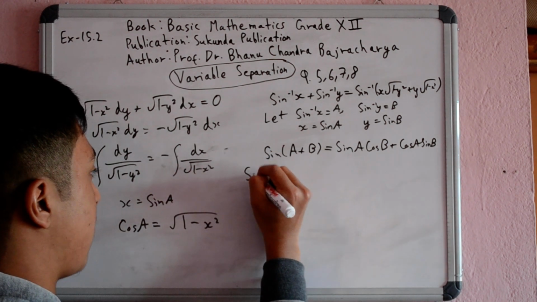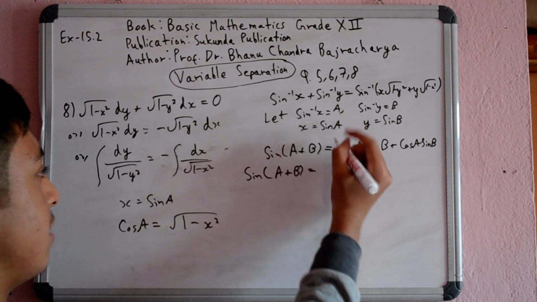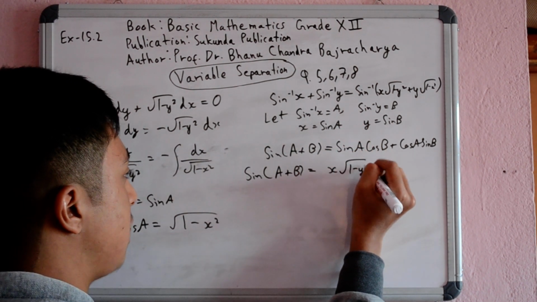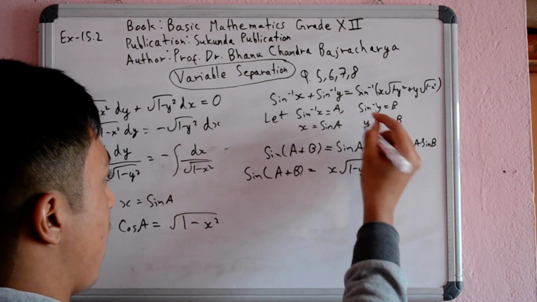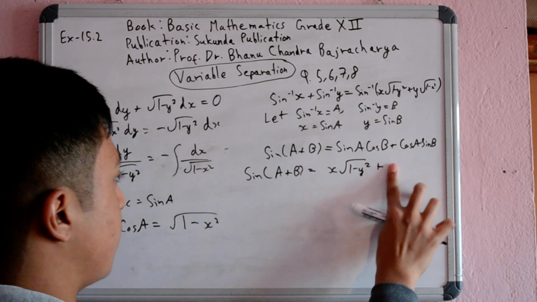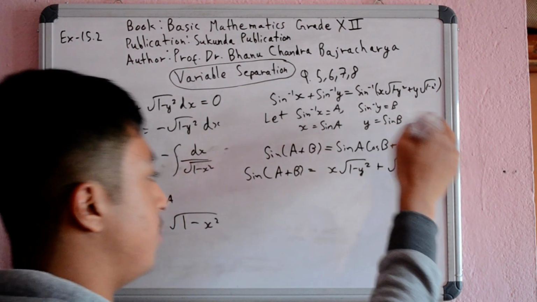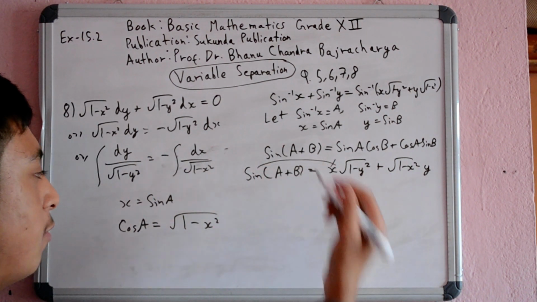So that means sine (a plus b) is equal to sine a, which is our x, cos b becomes root 1 minus y square, plus cos a, sorry, it's root 1 minus x square, and sine b is y. And now we can take sine inverse over there.